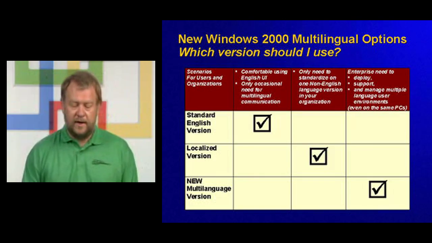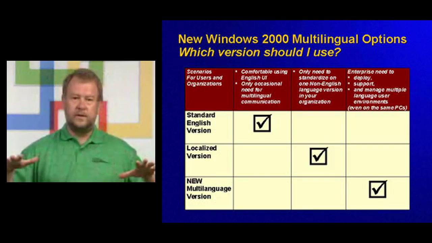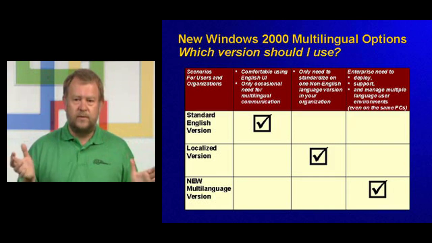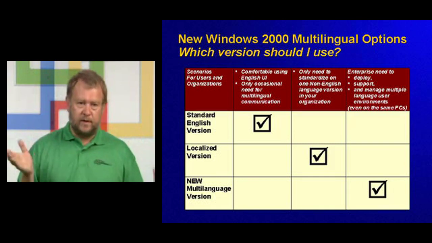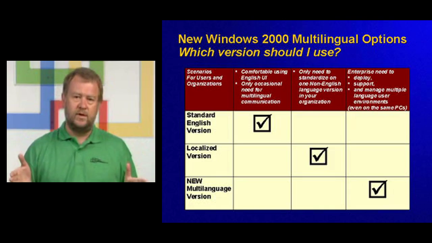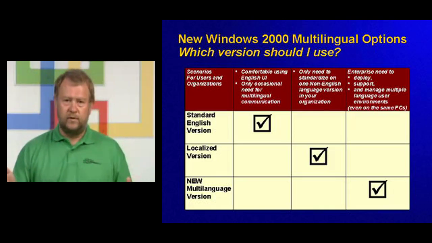If, on the other hand, you have a group of people and they all prefer to use the system in the same user interface language, for example, everyone in your enterprise or within some group in the enterprise prefers to work in Japanese, then you'd want to deploy the Japanese localized version of Windows 2000.